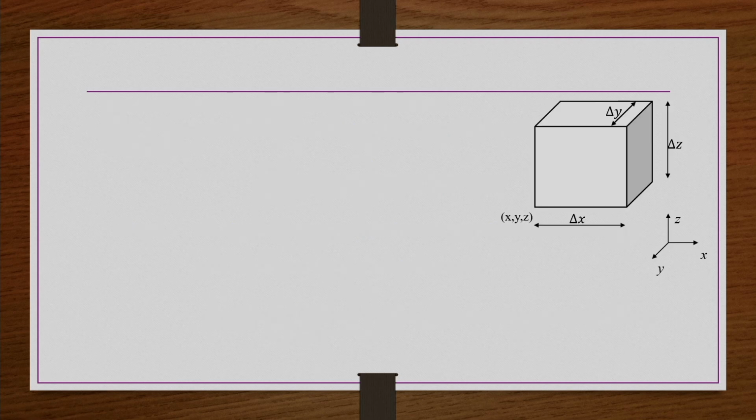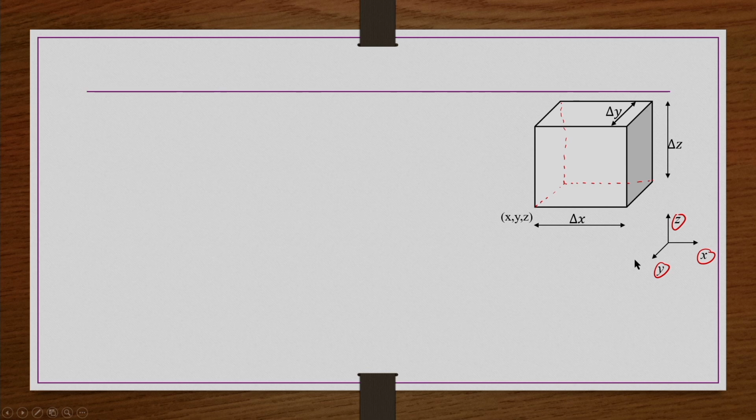Now, we take this control volume, like in the derivation of the equation of continuity and then the equation of motion that we have done. We have taken a control volume of size delta x, delta y, delta z, and the same we take here. Let us say the horizontal direction is the x direction, the vertical direction is the z direction, and the third direction is the y direction.